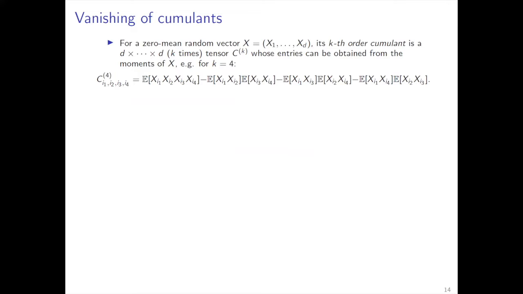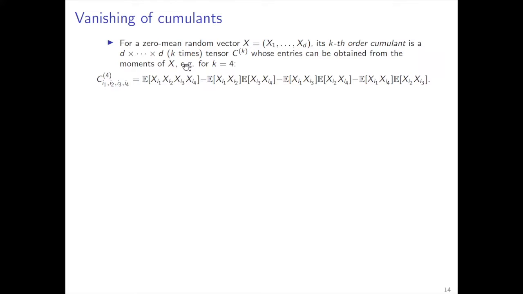We use cumulants, and maybe you know what they are, maybe you don't, but they're just some function of the moments. The moments of my random vector are these expectations, and the cumulants are defined from the moments.